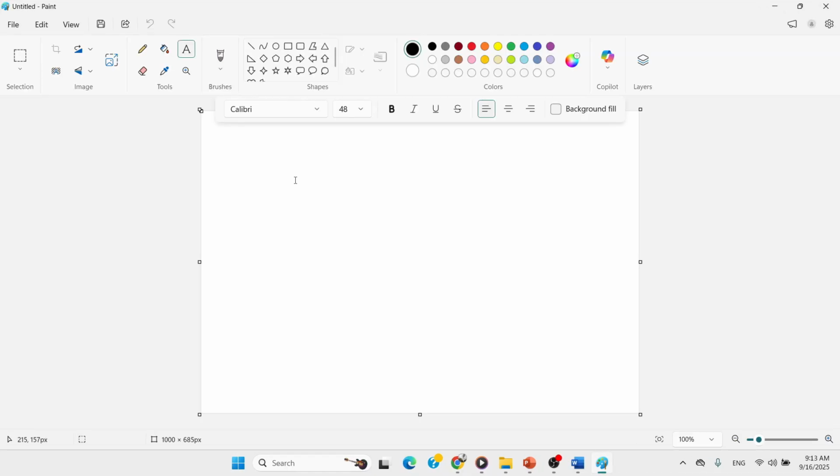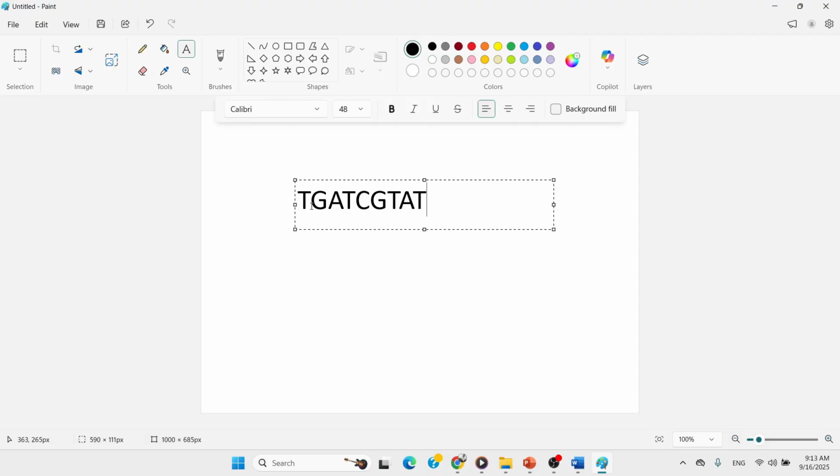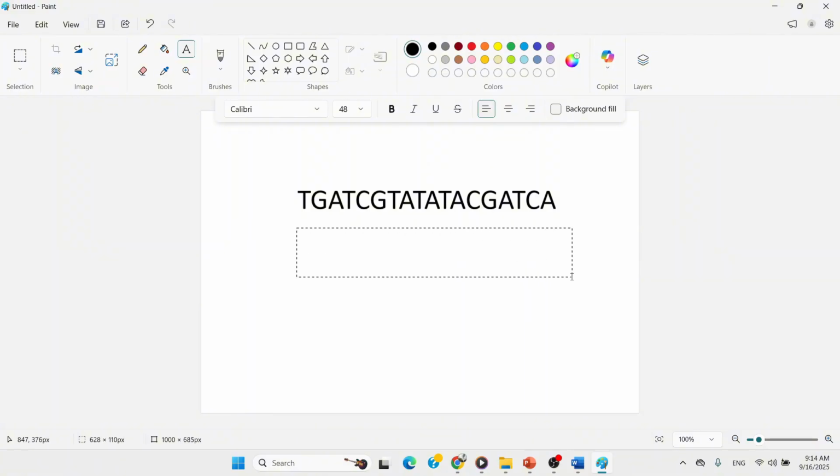So if you have a sequence like TGATCGTAGC, and then we have ATACGATCA, the complement is something like, you can easily read it backward, ACTAGCATATATGCTAGT.